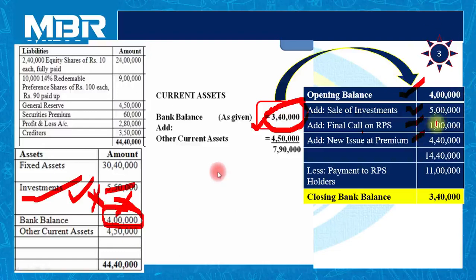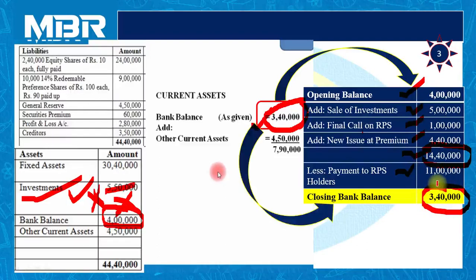In this way, we have a total receipt of rupees 14 lakhs 40,000, and during step number 5 we have paid 11 lakhs rupees to the holders of RPS. So 14 lakhs 40,000 total receipt minus payment 11 lakhs. So closing balance rupees 3 lakhs 40,000.